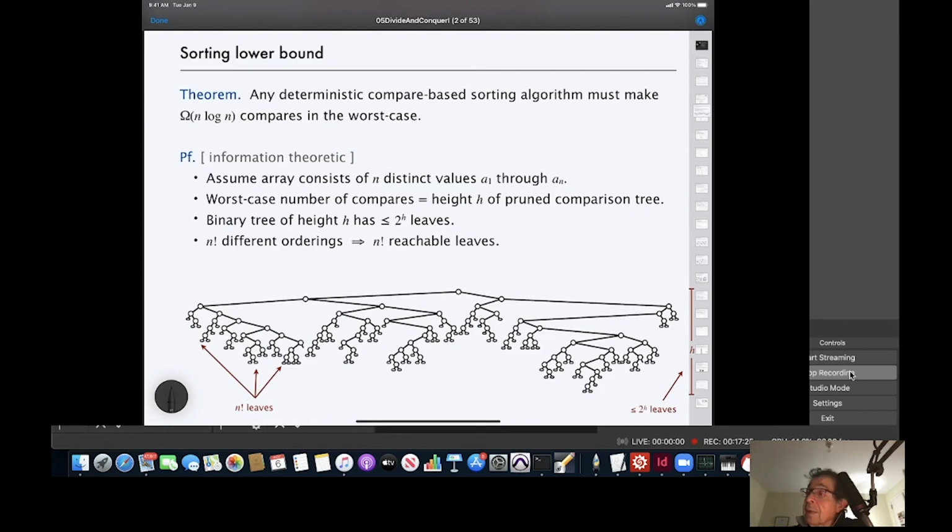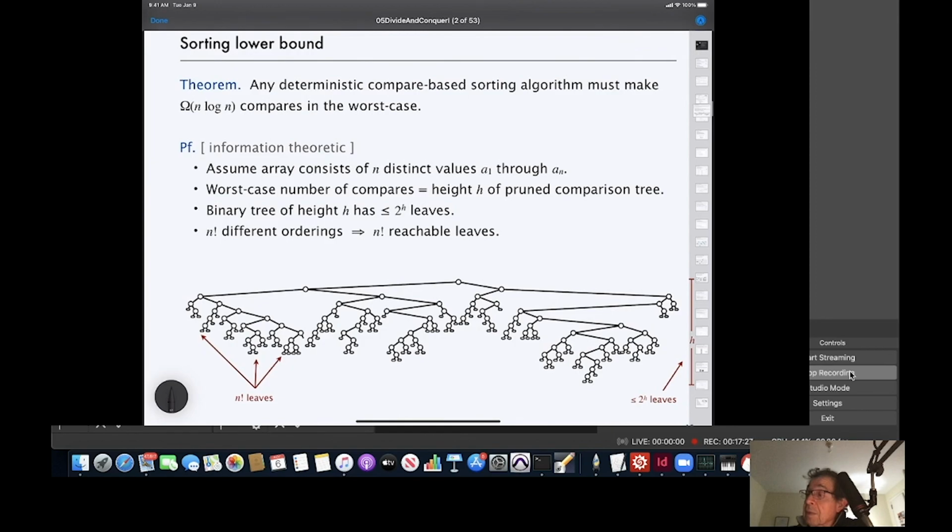It comes from arguments in information theory, and we can assume that the array that we need to sort has n distinct values, so they do not repeat. And in the worst case, the number of compares equals the height h of a pruned comparison tree.